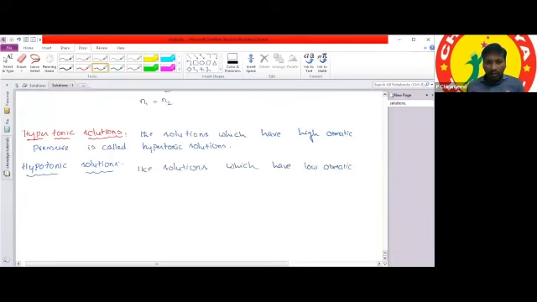The solution which has low osmotic pressure is called a hypotonic solution. Okay, so now all of you got the clarity here.